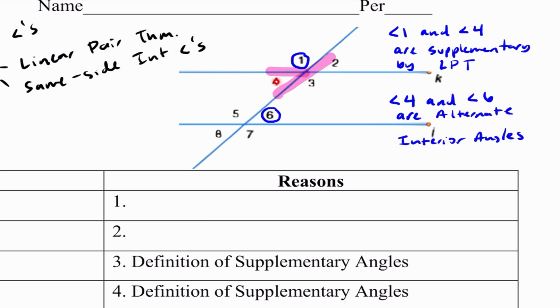We cannot say that angle 4 and angle 6 are congruent. They could be congruent if the lines were parallel from the start, but we only know that these two angles are just alternate interior angles. But if there is some way to show that these two angles are congruent, then we can say by the alternate interior angles converse, lines K and I are parallel.